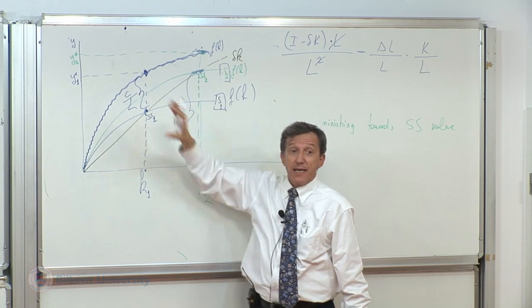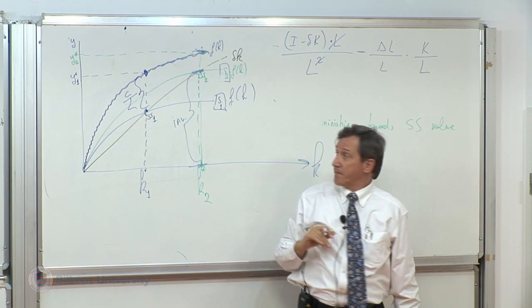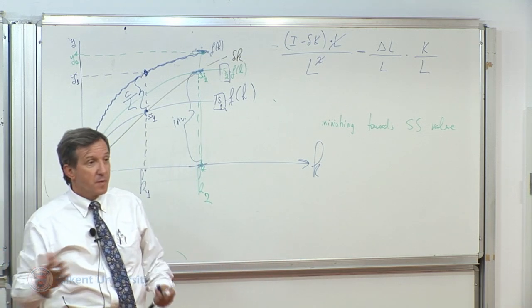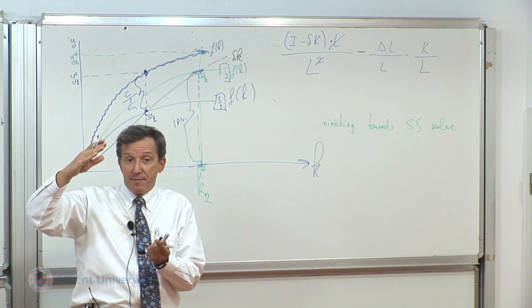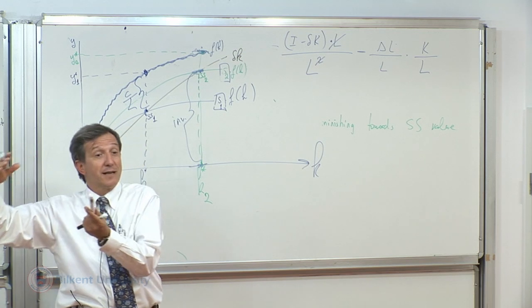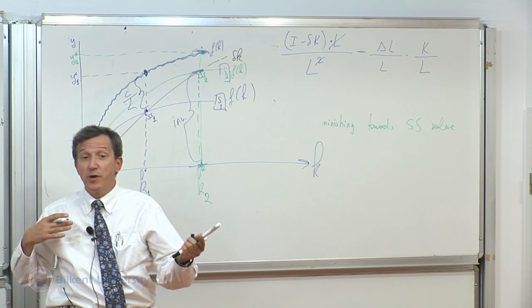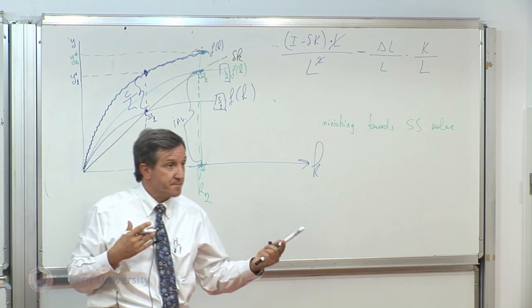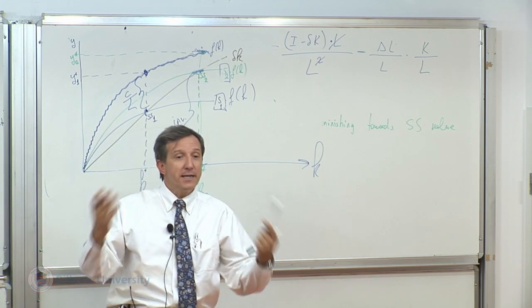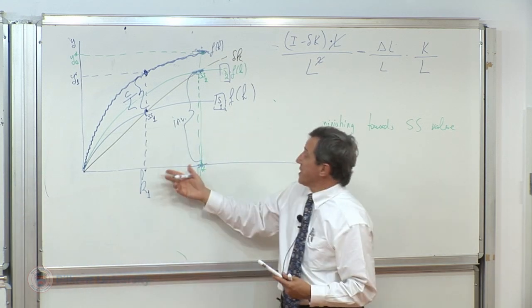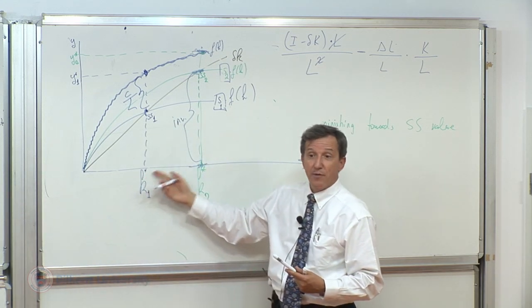So if I increase savings up until some magnitude, you increase consumption, but after that you start decreasing consumption. So there is a trade-off between saving or not. If we increase savings, the rate of growth increases from K1 to K2.